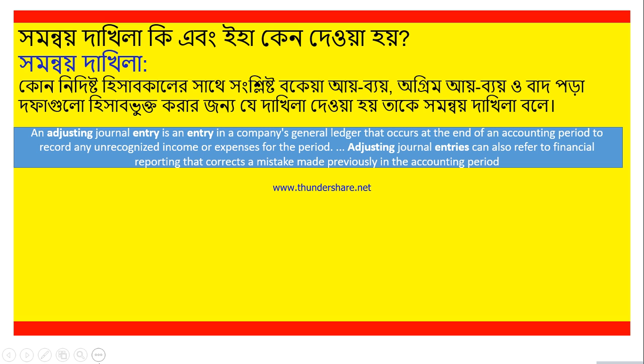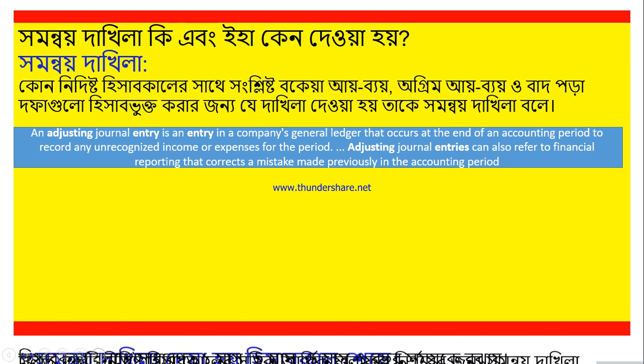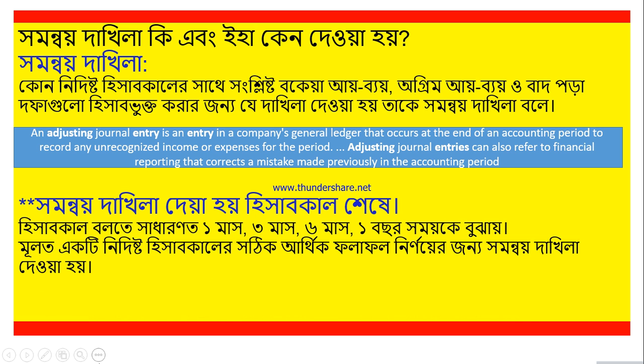That means adjusting journal entries can also refer to financial records that are usually made previously in the accounting period. This is why adjusting entries are made at the end of the accounting period.